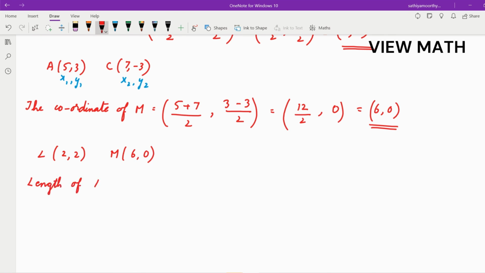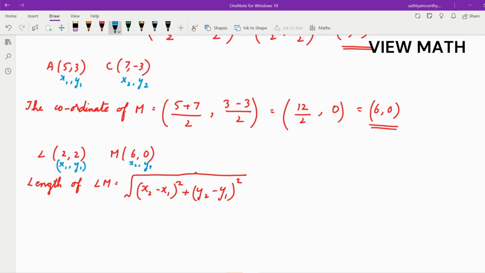Length of LM is equal to square root of, first let me write the formula, x2 minus x1 the whole square plus y2 minus y1 the whole square. So I'm going to substitute in this formula. Here this is my x1, y1 and this is my x2, y2. So for each and every finding, x1 and y1, x2, y2 is changing. So we should not get confused with the previous x1 and y1.